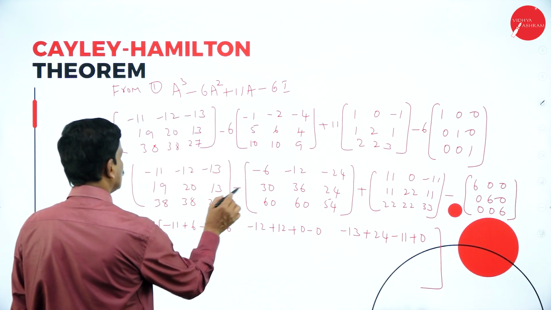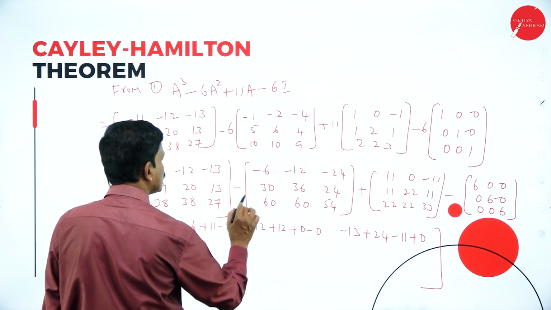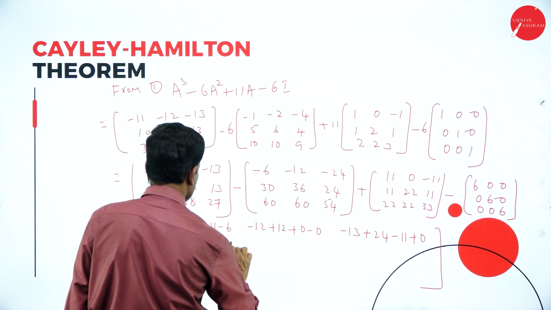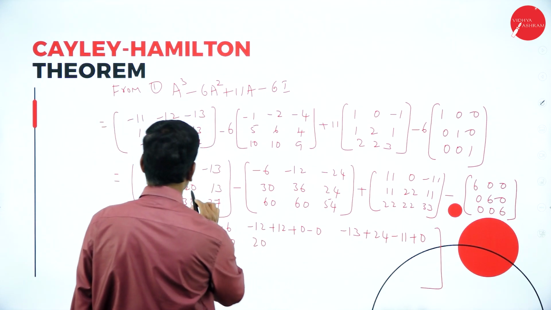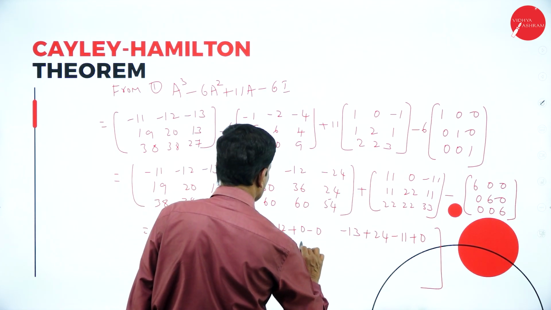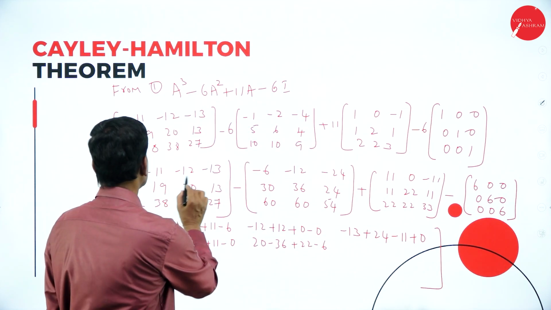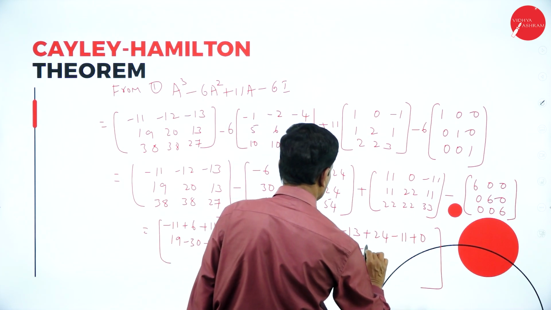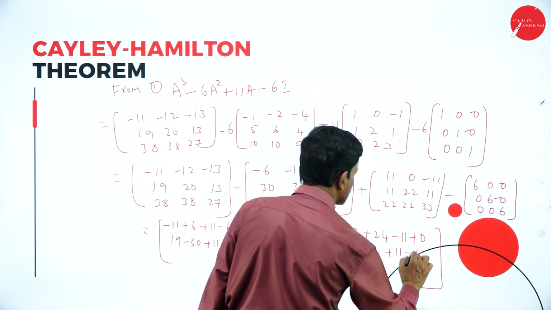Next second row: 19, 19 minus 30 plus 11, then minus 0. Next 20, 20 minus 36, plus 22 minus 6. Right. Next last element, that is 13 minus 24, plus 11 minus 0.